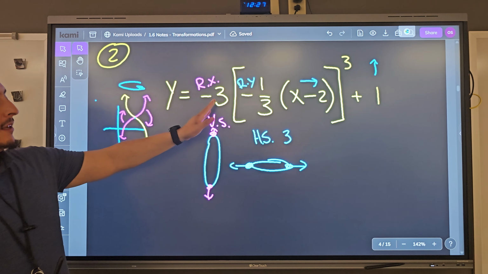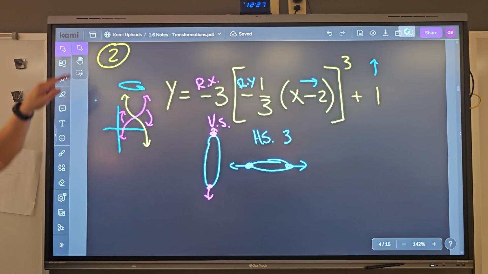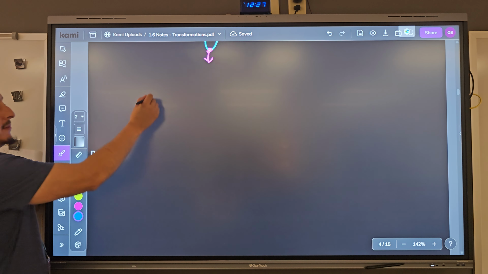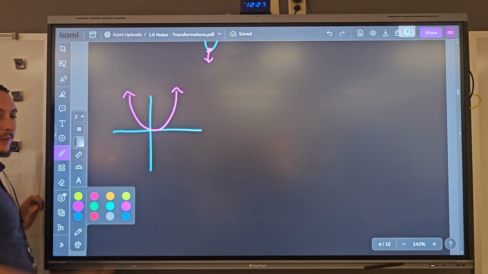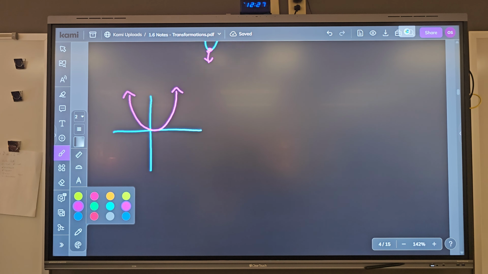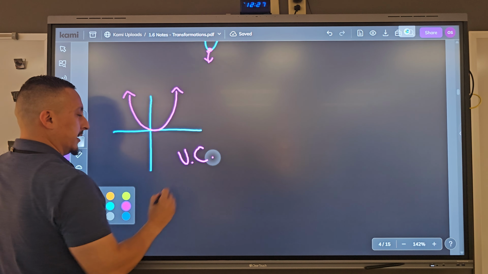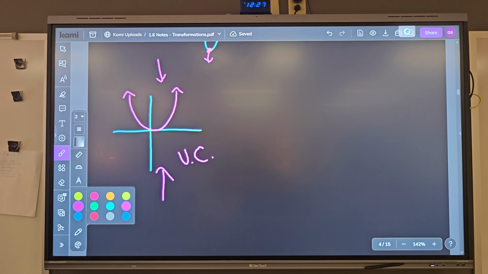Now, here in the beginning, the stretch and the compress visually is hard to see, so we won't stress a lot about that. For example, let me show you what I mean. If I have a parent parabola, can you picture what it would look like if you're vertically compressing it? So if you're doing this to it, what do you think it's gonna do to that parabola? Will it be wider or skinnier?